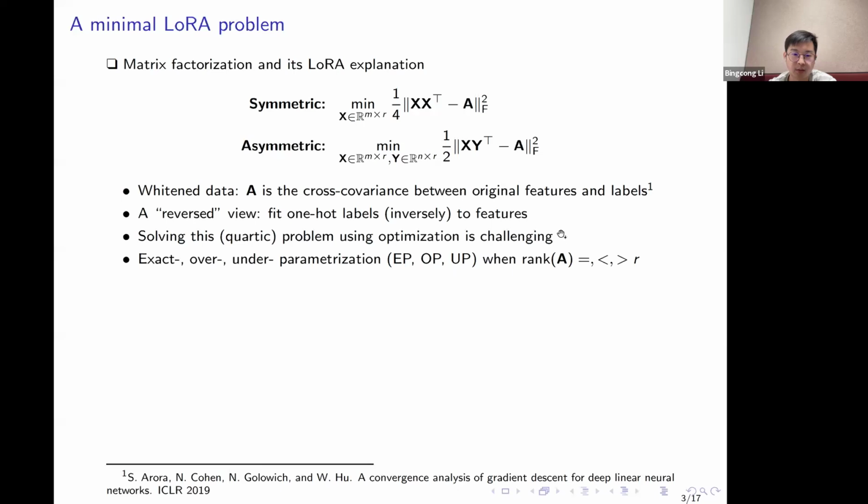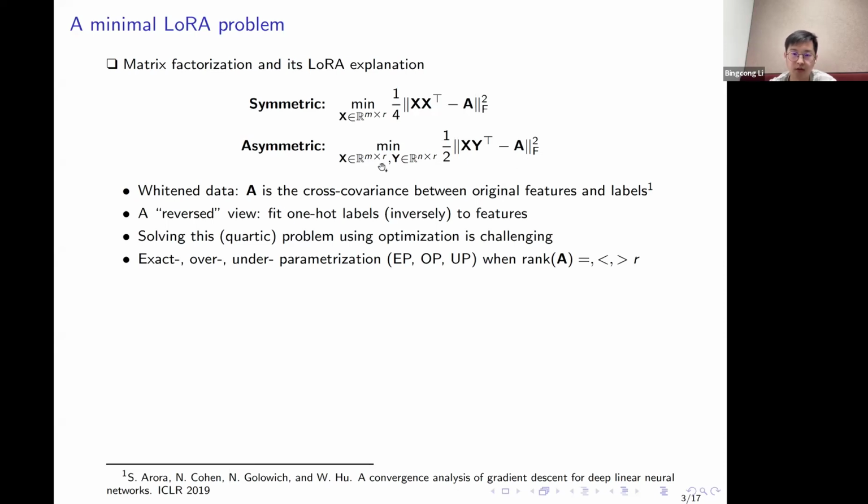Another interesting behavior in optimization is that under different ways of parameterizing this problem, the convergence behavior can be quite different. Essentially, if the rank of x, meaning this R, is equal to the rank of A, I will call this problem exactly parameterized, meaning that I'm using the exact number of trainable parameters to learn this problem.